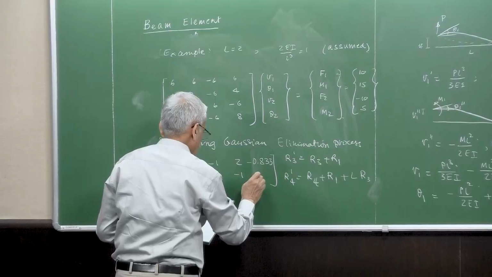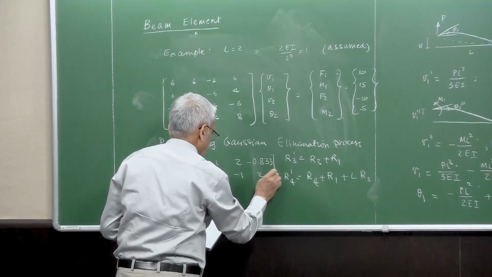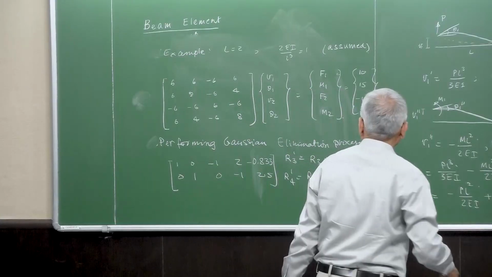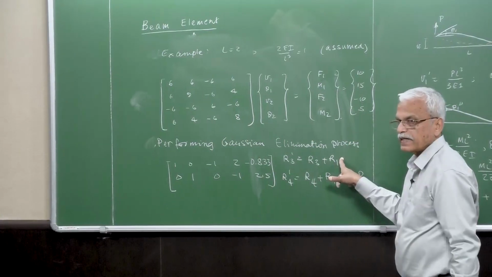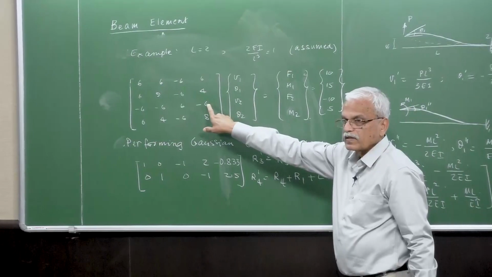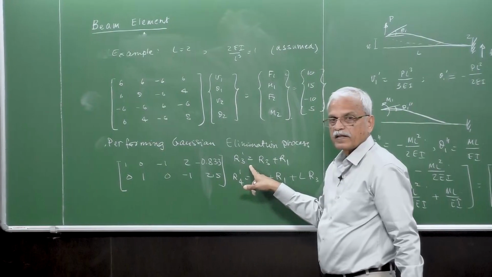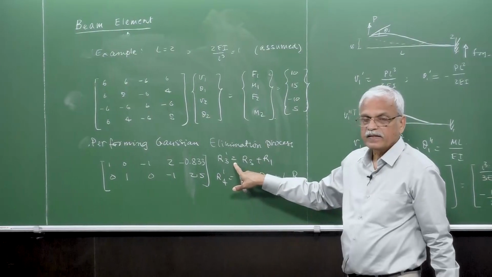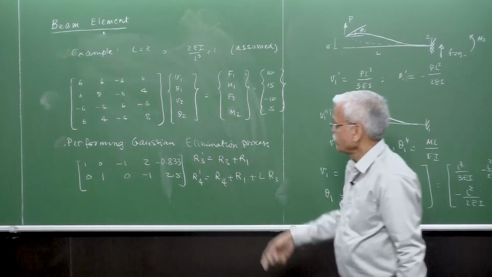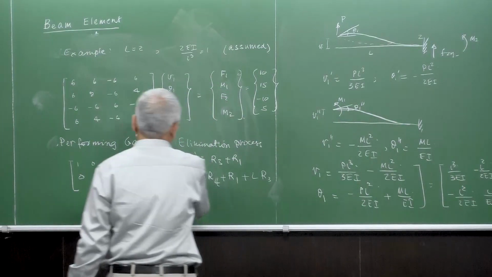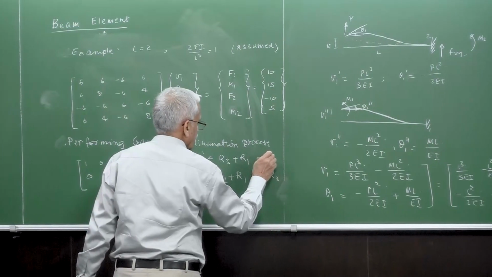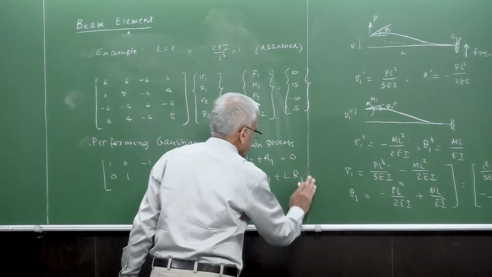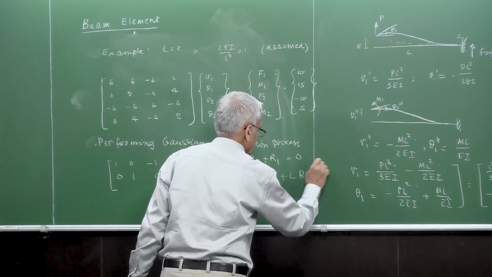So the third and fourth rows have been made 0 by doing this operation. Since that row is going to be 0 on the left side, on the right side also it has to be 0. And by doing this, this is what is going to be 0 here.